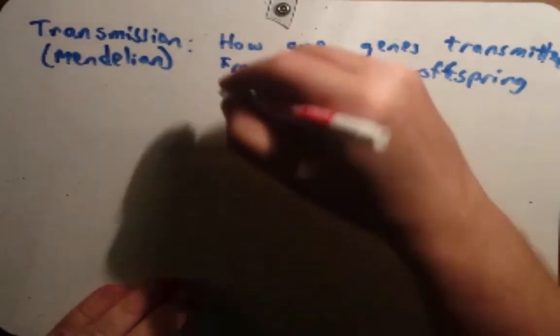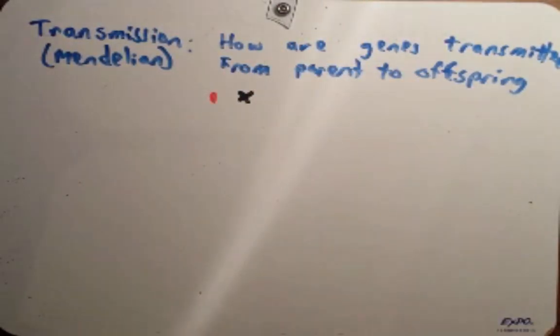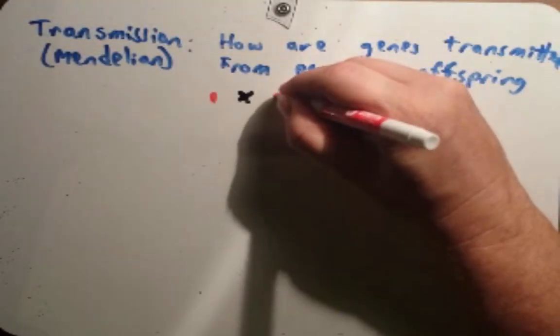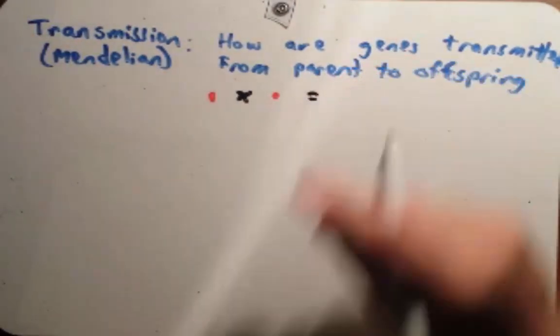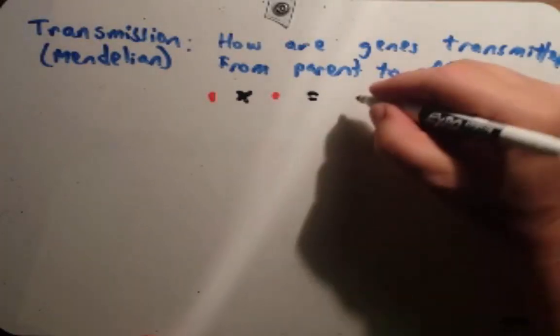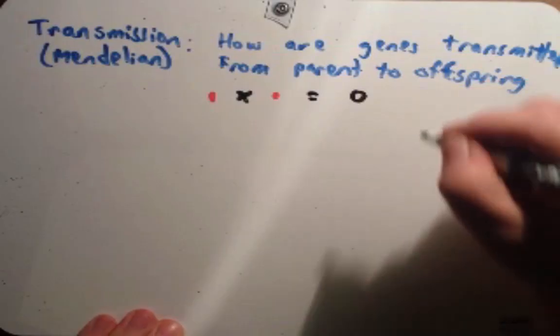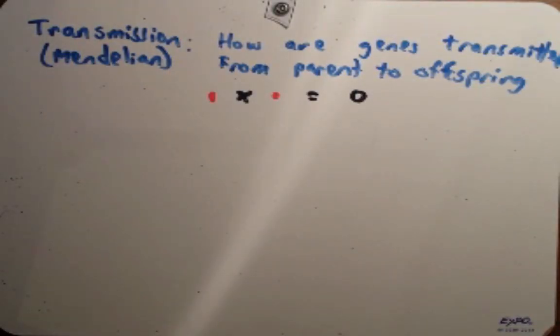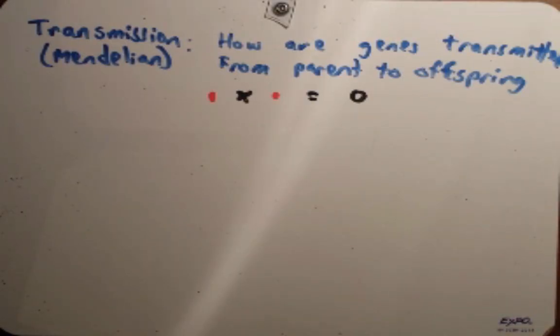For instance, if you had a red-eyed fly and you cross that with another red-eyed fly and you ended up getting a fly without red eyes but rather white eyes, a transmission geneticist would investigate why this is possible. Why are not the progeny red-eyed?